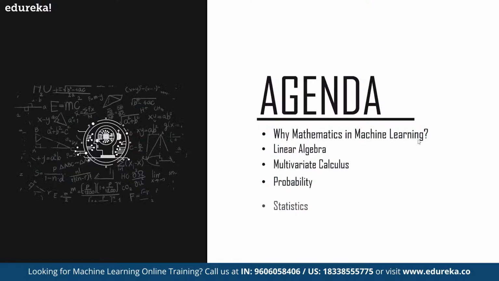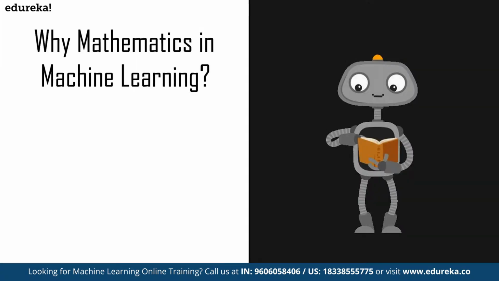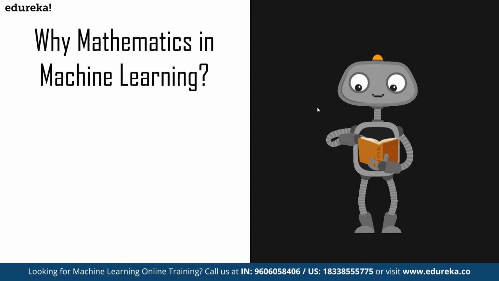So the main agenda is we are going to discuss mathematics in machine learning, why exactly we need to learn it, and the topics of linear algebra, multivariate calculus, probability, and statistics required for becoming an expert in machine learning modules. First of all, let's discuss why exactly mathematics is required in machine learning.